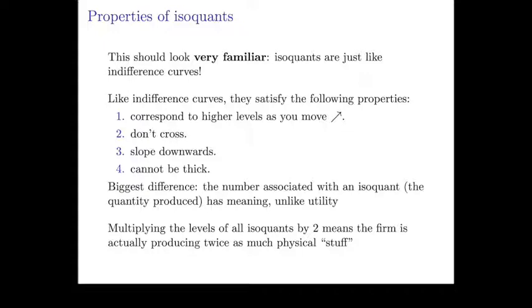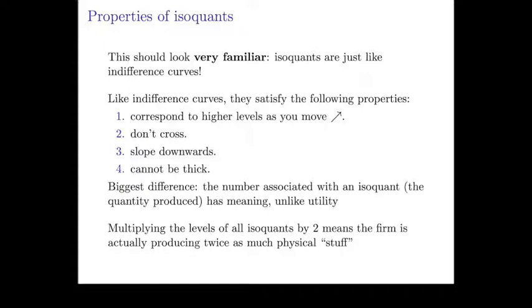But the quantity of output is measured in very meaningful units: the number of units of output. It doesn't mean anything to say I get utility of 2 versus utility of 4. Does it really mean that you get double the utility? No, it just means you get higher utility. But if I get output of 2 versus output of 4, it literally does mean I get twice the output. So the numbers here really do mean something.